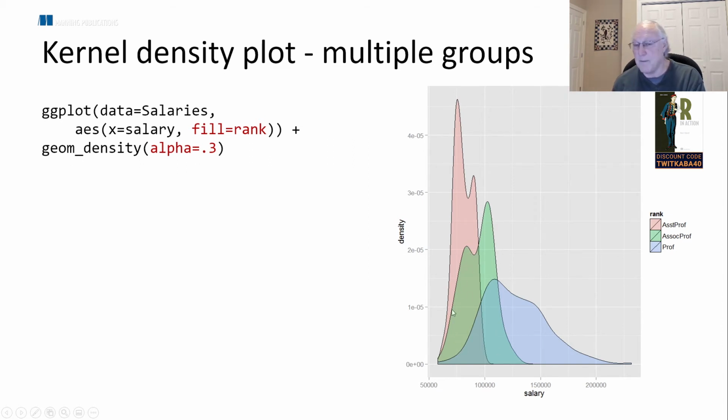You can see that overlap there. And there's a tremendous spread in salaries for full professor. Some full professors are making a lot, and some full professors are making quite a little. So that's something we're going to want to investigate. This is called the kernel density plot for multiple groups, and I find it very useful for comparing groups on a quantitative outcome.